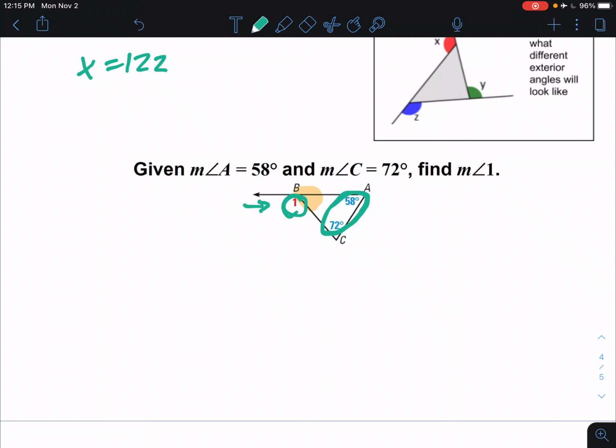So wouldn't the measure of angle 1 be the same as the sum of the other two angles in the triangle? Yeah. So the measure of angle 1 is going to be 58 plus 72. That means that the measure of angle 1 is 130.